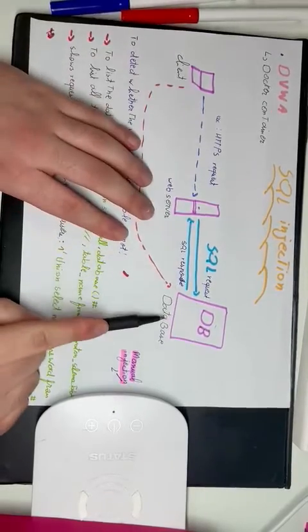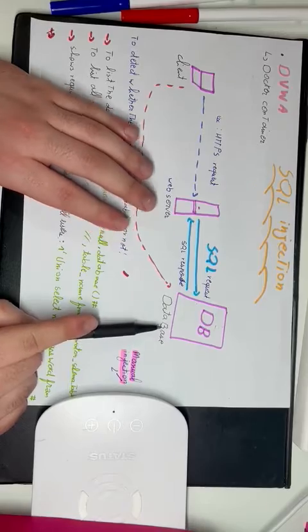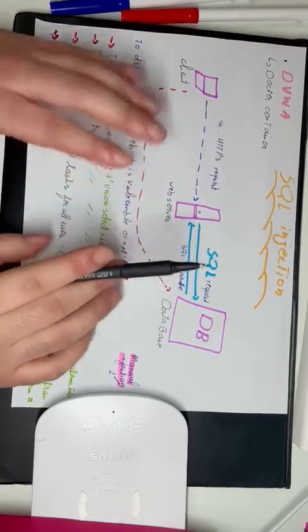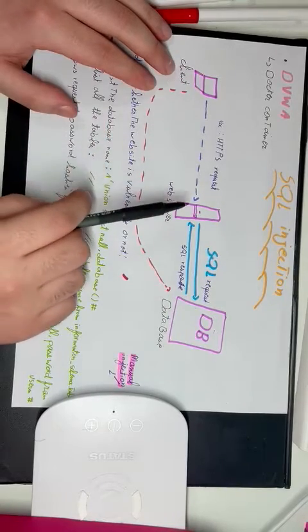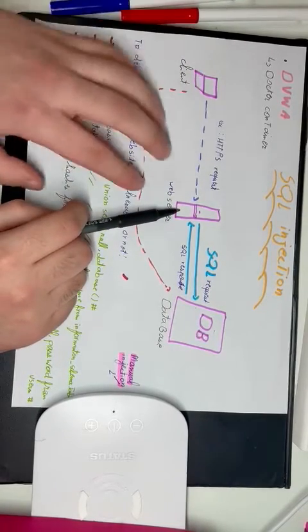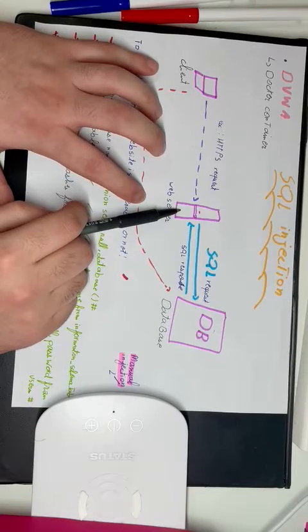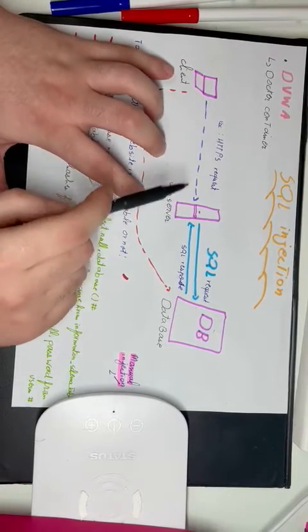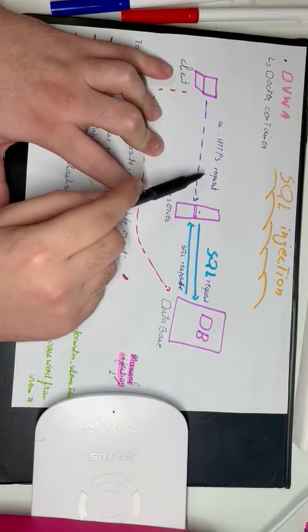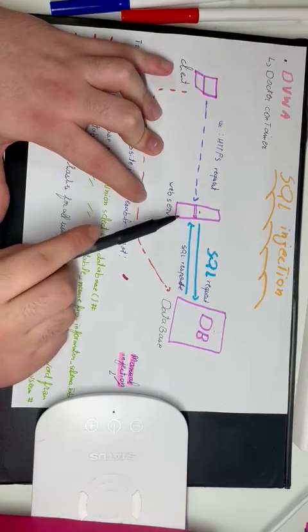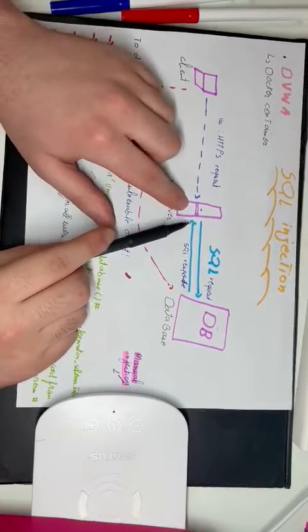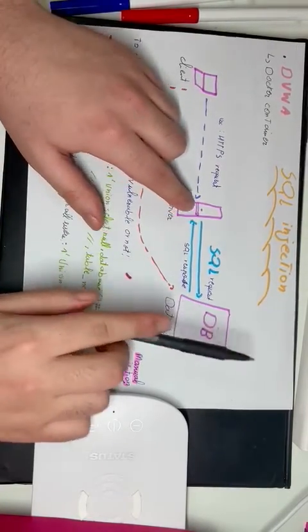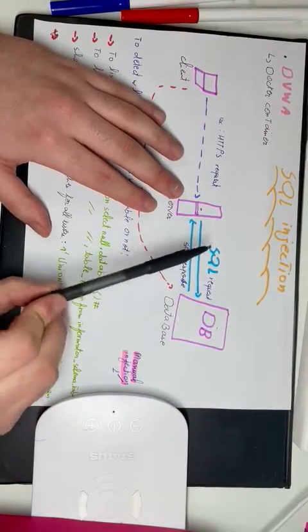So this is a classic example of the communication between a client and the web server, and this is the behind-the-scenes database. Let's imagine that I'm the client and I try to access Facebook. My web browser simply sends an HTTPS request, and the web server then sends a request on. This is where SQL injection gets involved.